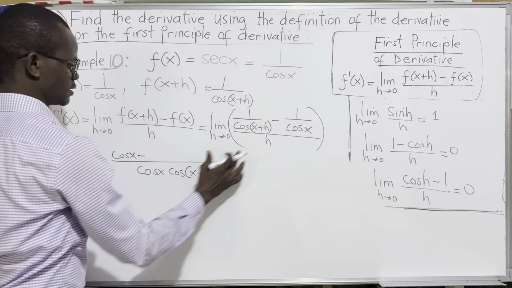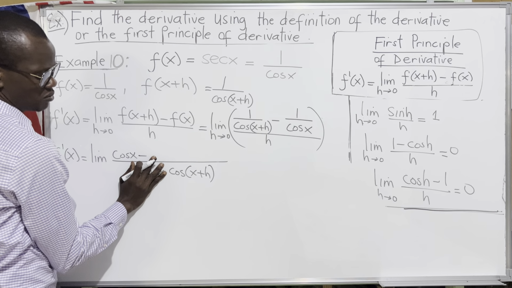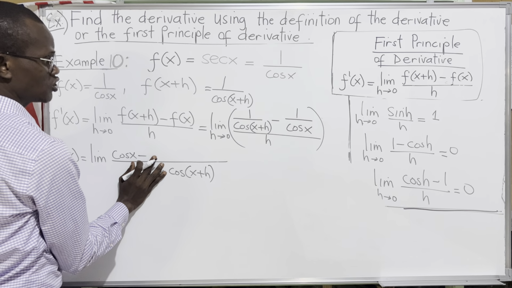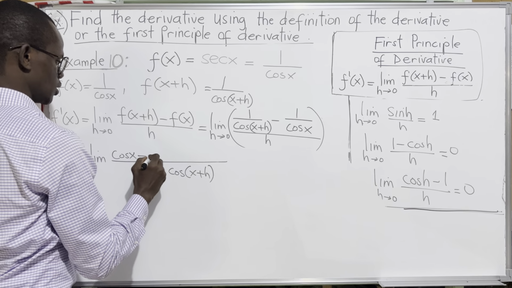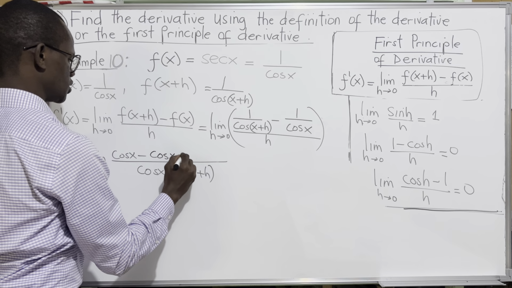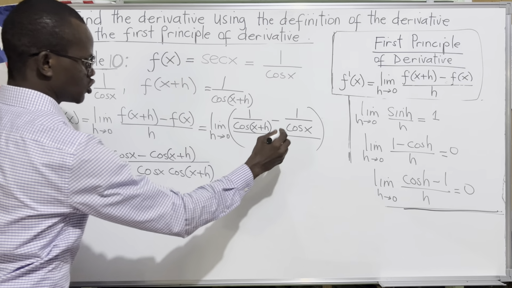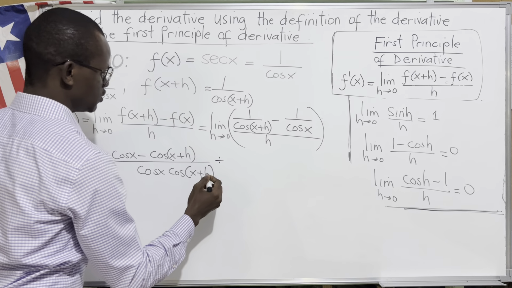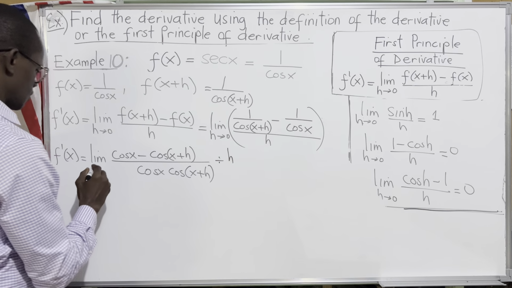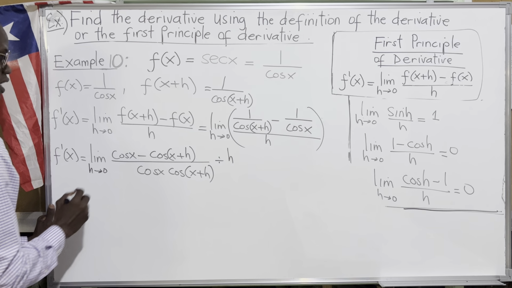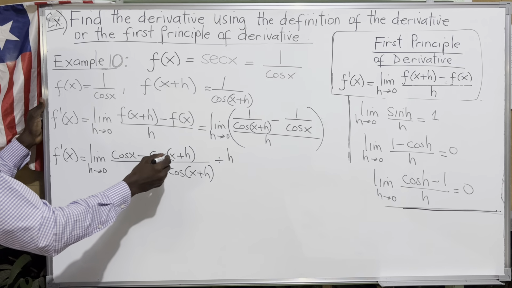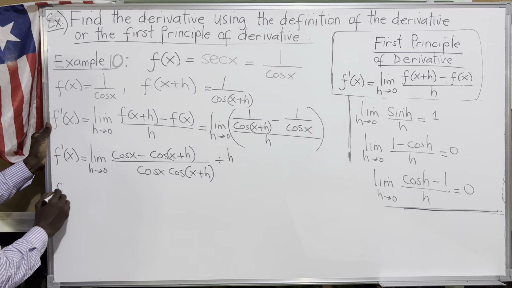And cos of x goes into this, cos of x will cancel, you'll be left with cos of x plus h times 1, which is the same thing. So now we use the division sign, divided by h, as h is approaching 0. So we can expand this numerator.